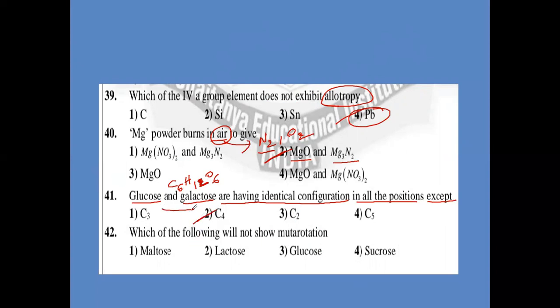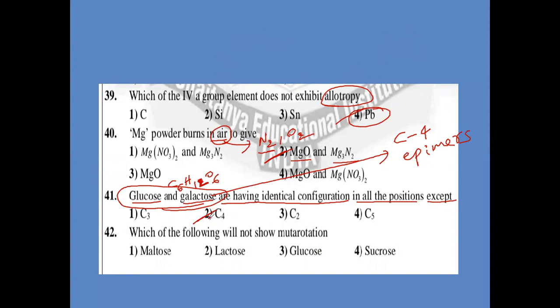So glucose and galactose are called C4 epimers. What do we mean by C4 epimers? Their OH group and H positions will be changing only at the fourth carbon. The configuration of all the remaining carbons will be the same. So they are called C4 epimers, glucose and galactose.